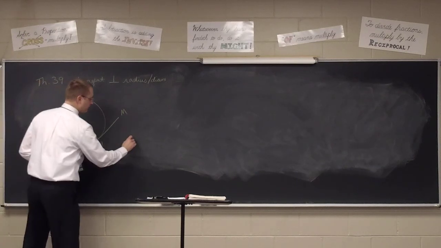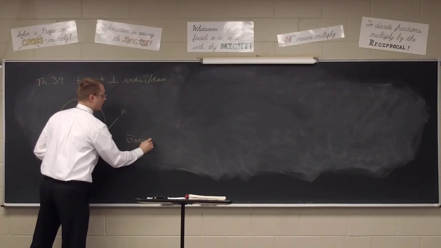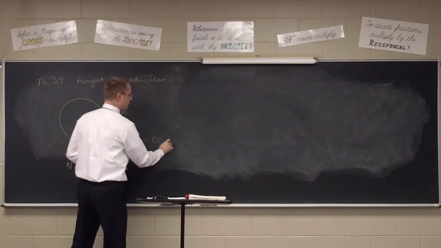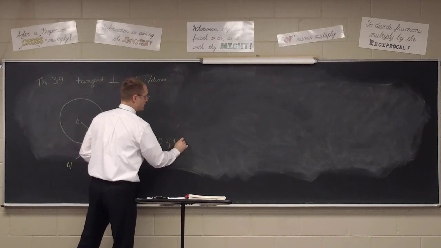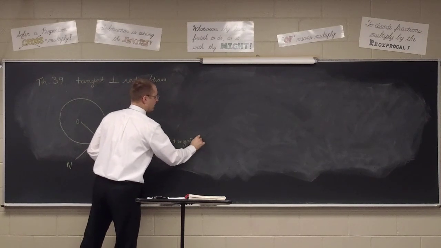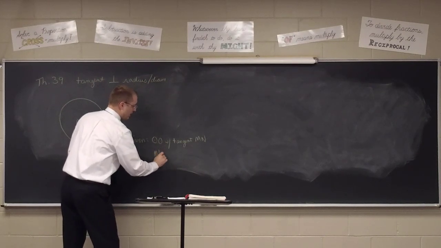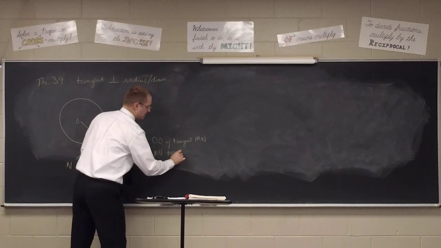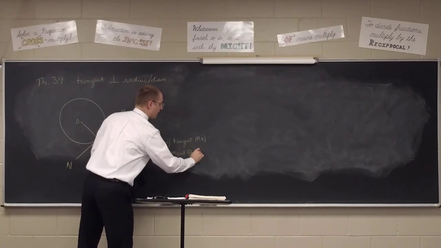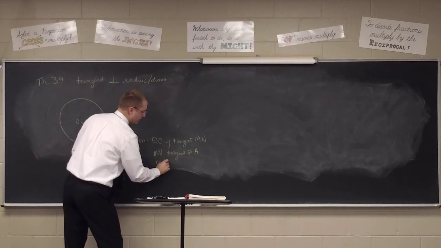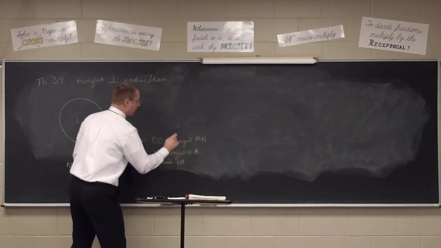For our given, we're given circle O with tangent MN, tangent at A, and we're also given radius OA.